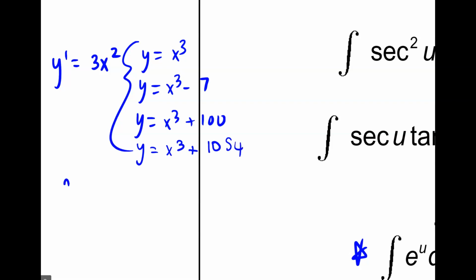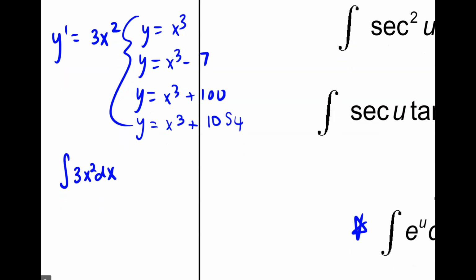It's because when I take the integral of 3x squared dx, remember what we do? We add 1 to the exponent, right? 2 plus 1 is 3. And then you're going to divide the whole thing by your new exponent. So you divide by that same number. Instead of taking the exponent down and multiplying and subtracting 1 from your exponent, you add 1 to your exponent and divide by your new exponent.